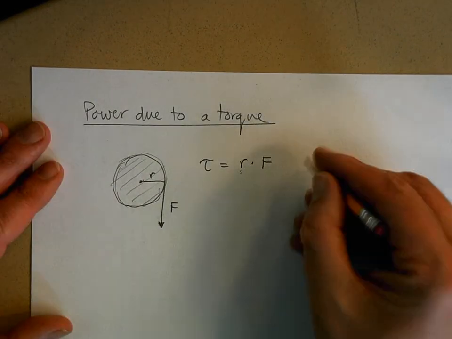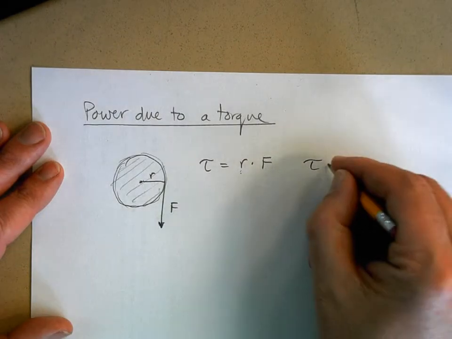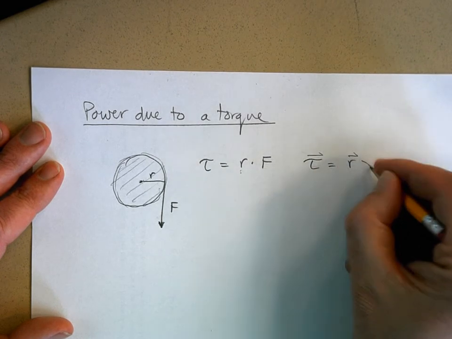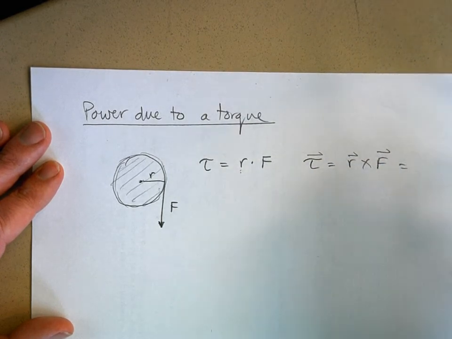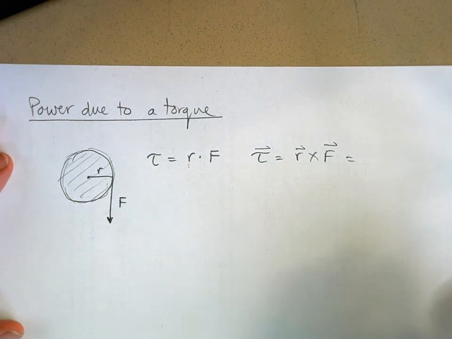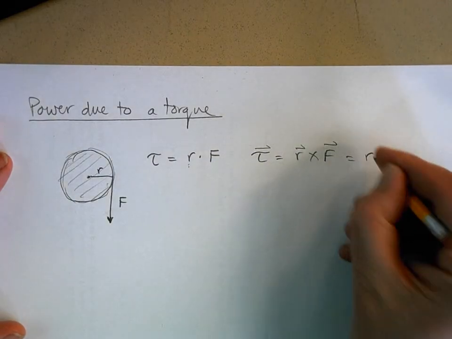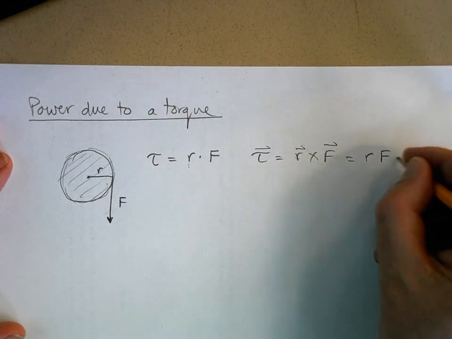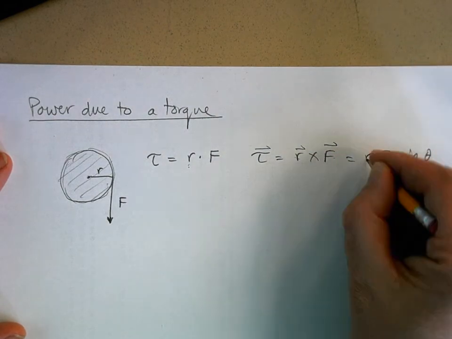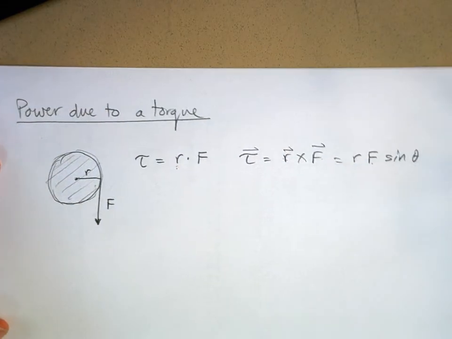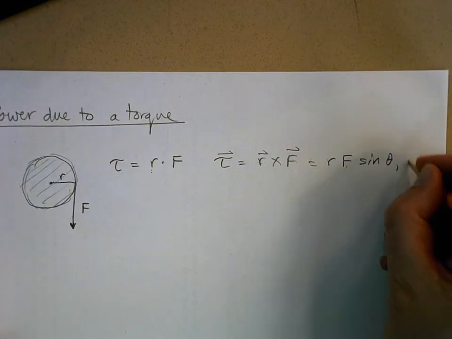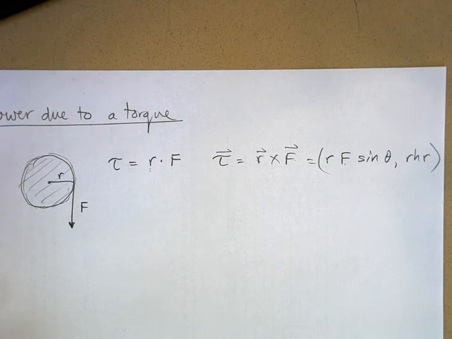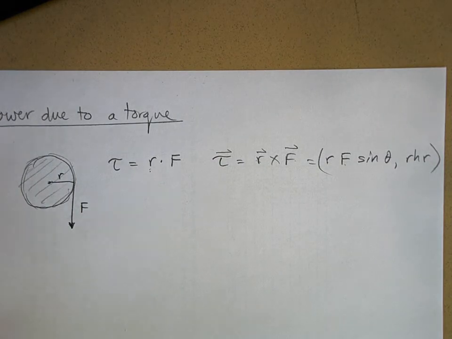Because really, technically, and this is for you AP physics people or people close to it, torque is R cross F. And the definition of a cross product is you take the first vector, multiply it by the second vector, the magnitudes of them, multiply by the sine of the angle between those two vectors, and then the direction you get with the right-hand rule. Now that's far beyond the scope of this class. I'm just saying it to be complete.